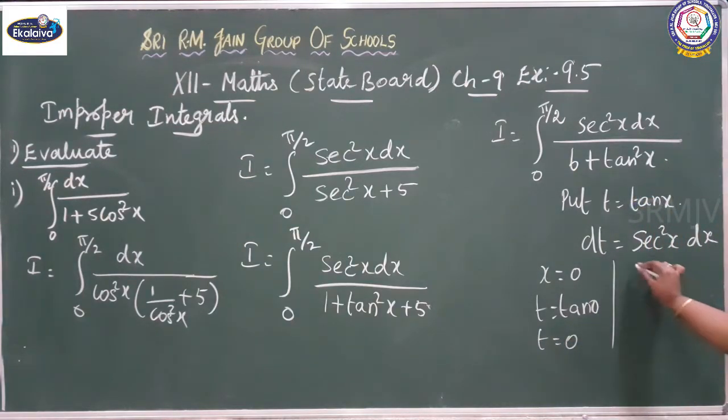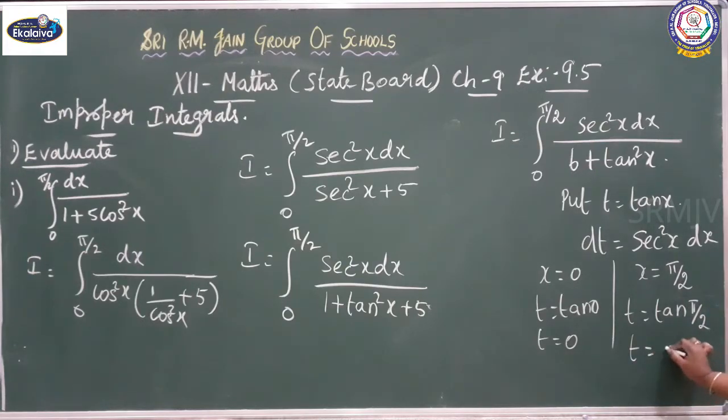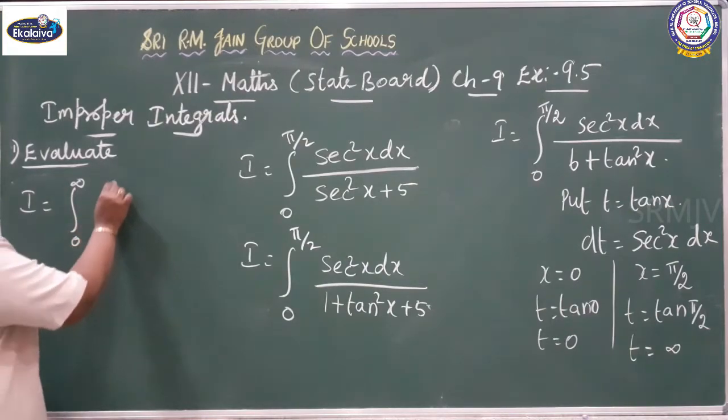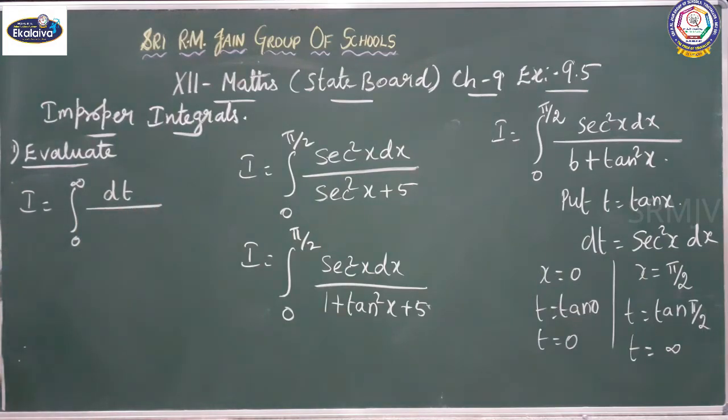x equal to pi by 2, t equal to tan pi by 2. Tan pi by 2 value is what? Infinity. See, 0 to infinity, I equal to integral 0 to infinity secant square x dx, which is nothing but dt, by 6.